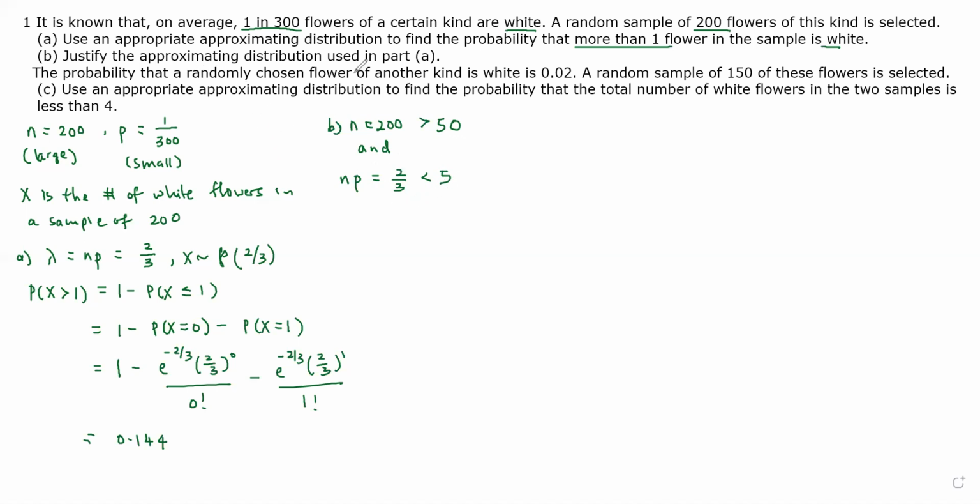The probability that a randomly chosen flower of another kind is white is 0.02. We have another kind of flower here, and the probability of it being white is 0.02.